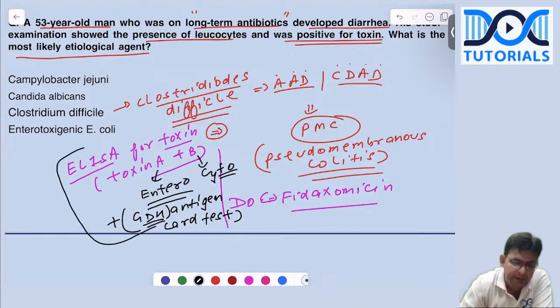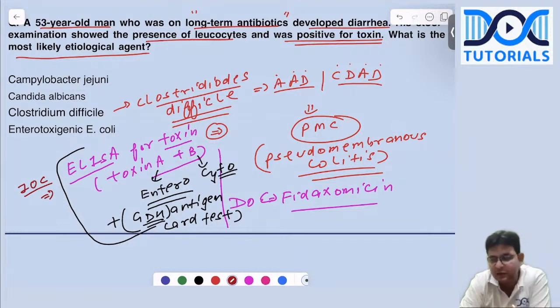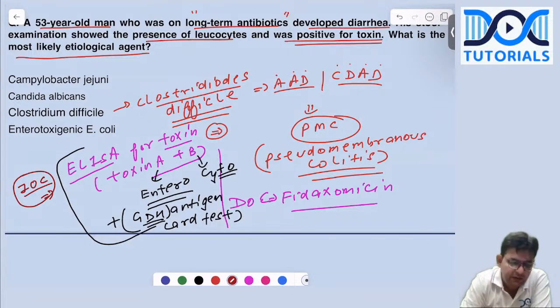This combination is the best answer for the investigation of choice if somebody asks you for Clostridium difficile associated diarrhea. Okay, so this is important. This combination is better than even the PCR, and this might be asked in the INI CET exam also. And what is GDH, guys?